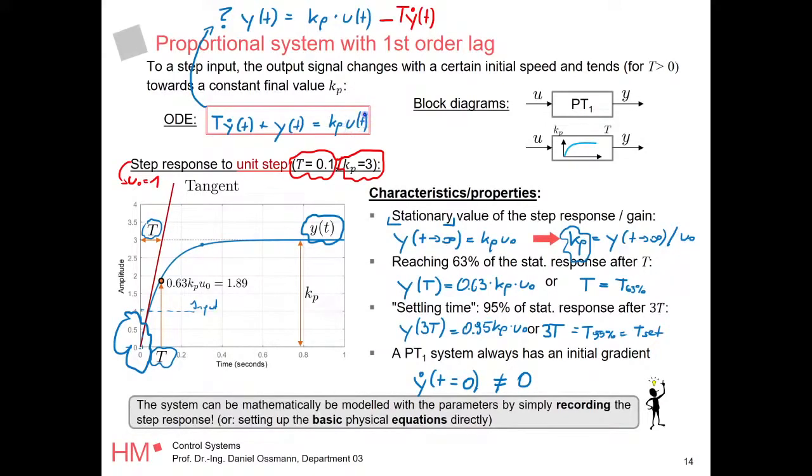So we take our input and multiply it with a constant. On the other side, we have the output, the thing we are interested in. Think of the car: our input could be the steering angle, and our output is the position of the car on the road. If we have a proportional system with a first order lag, we have this term additionally here.